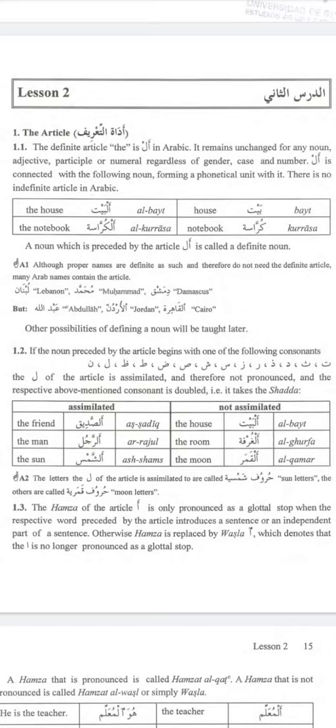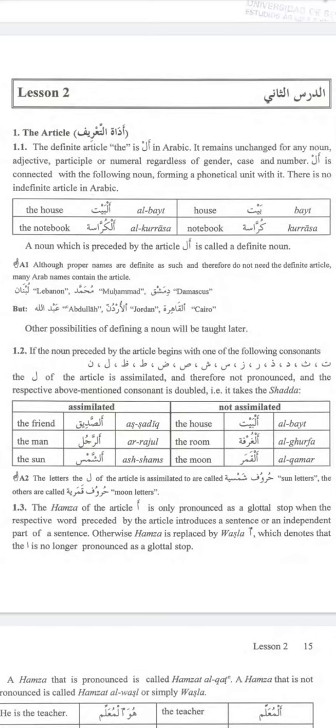So another thing, a noun which is preceded by the article al is called a definite noun. Ma'rifa, yes, that's what is called in Arabic. Although proper names are definite as such and therefore do not need definite articles, many Arab names contain the article.